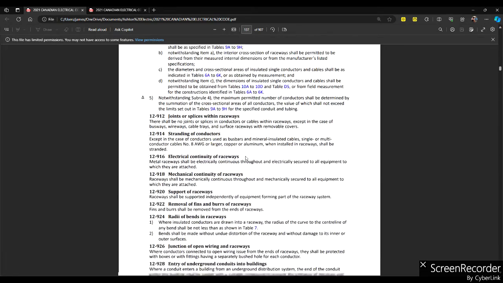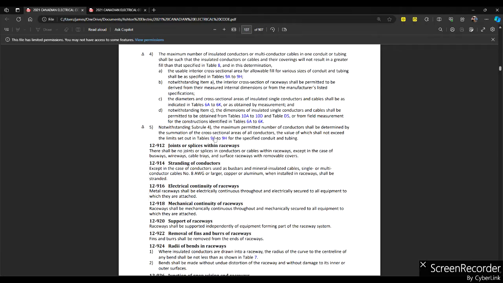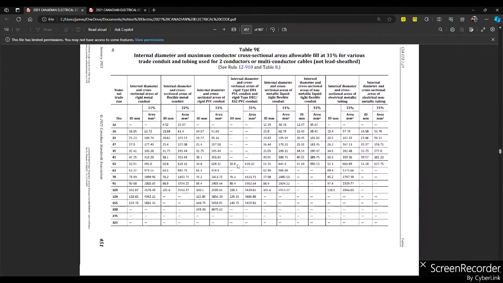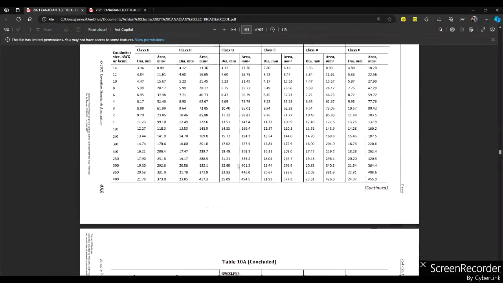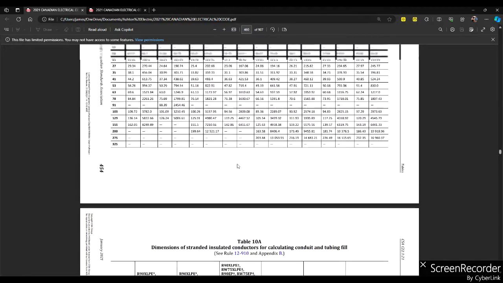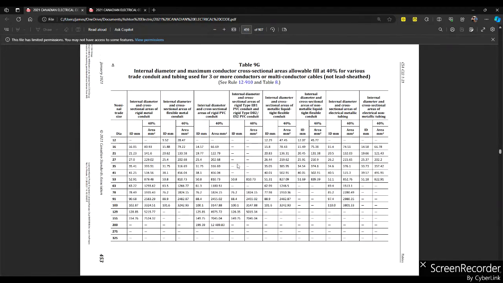And just to save from scrolling, I'll get right to the tables. And then I'll scroll from here until I get to the 40%. 9G. And we're using EMT, which is the last column. And we'll find one that is bigger than 766.8. That gets us to 822.91, which lines up with 53 mil, which is a 2-inch conduit.